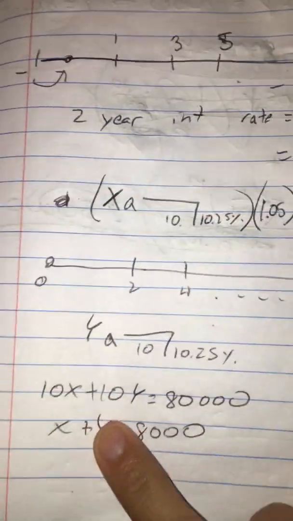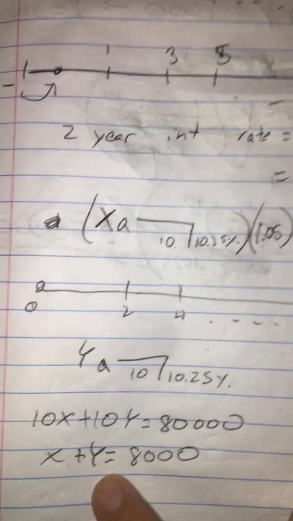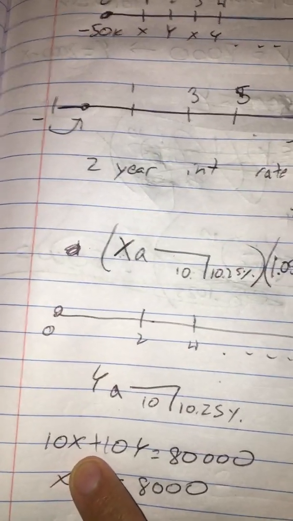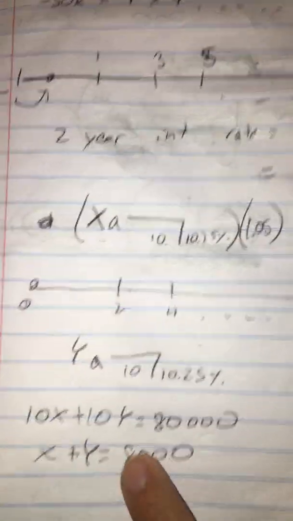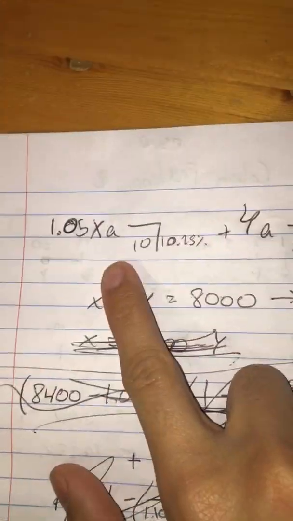And the question also gave that the total payments totaled $80,000. So you can set up the equation 10X plus 10Y equals 80,000, or X plus Y equals 8,000. Now we have 2 equations.